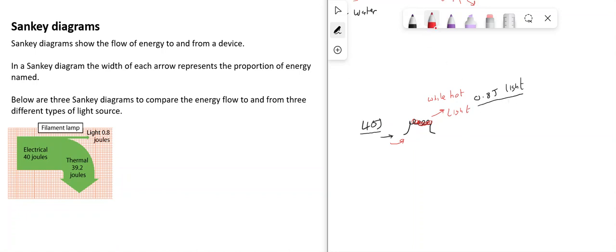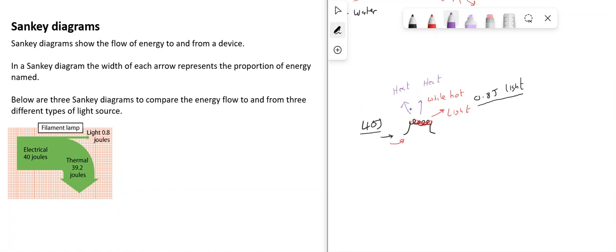And where's the rest of it going? Well, the rest of it is being lost as heat. For example, the bulb gets hot, and let's just do this in a different color. So imagine then you have heat that's been radiated off a bulb. If you have these old filament bulbs, I don't say put your hand on it, but if you put your hand near it, you'll feel the heat that's coming off the bulb.